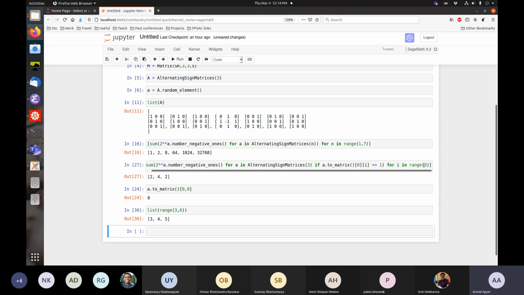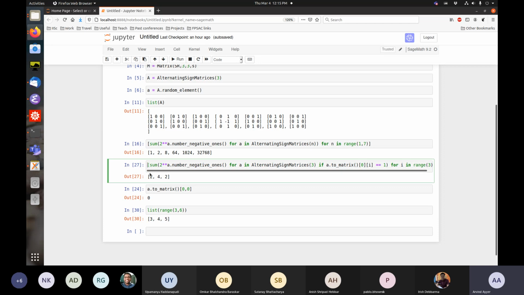Mentally you might be thinking of 1 2 3, but what Sage or Python does is 0 1 2, but it works perfectly because the indices are also matched up in the right way. Okay, so this is 2 4 2, because these two together give you 2. This gives you 1 plus 2 plus 1, that's 4, and these two give you 1 plus 1, which is 2.